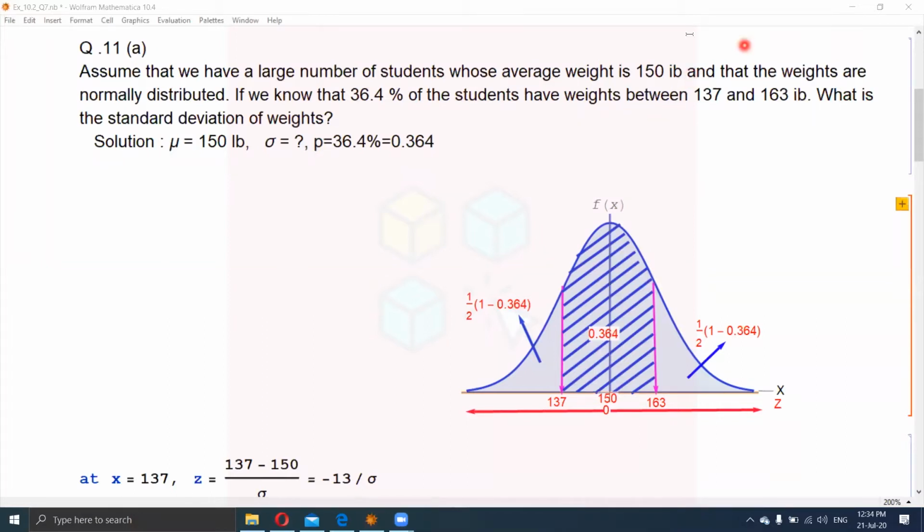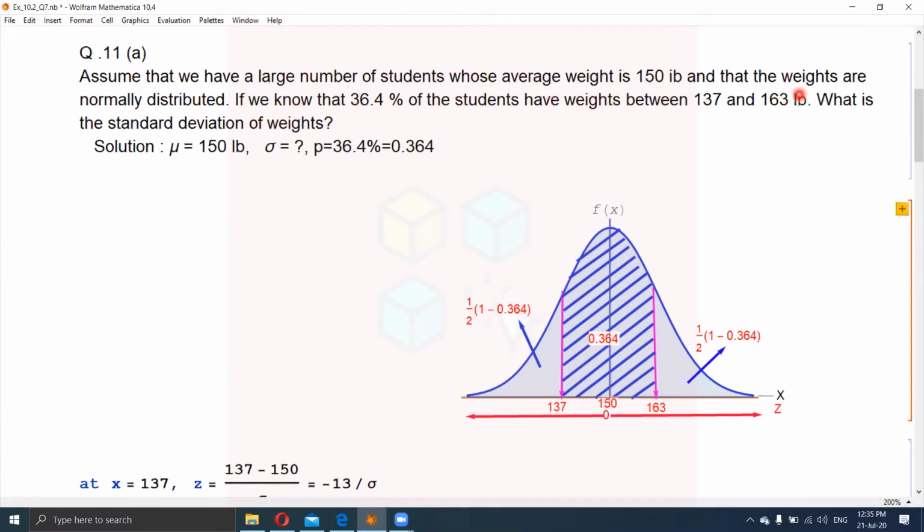And the weights are normally distributed. If we know that 36.4% of the students have weights between 137 and 163 pounds, what is the standard deviation of weights?